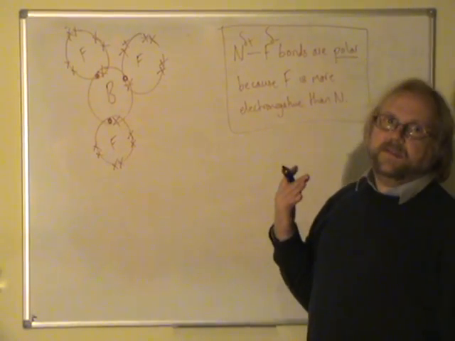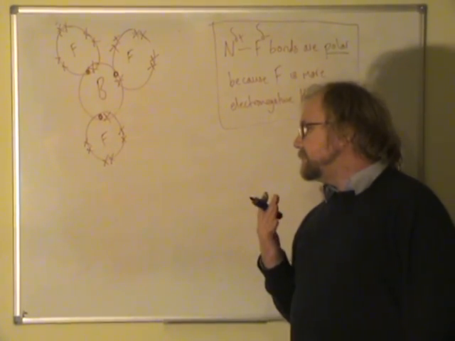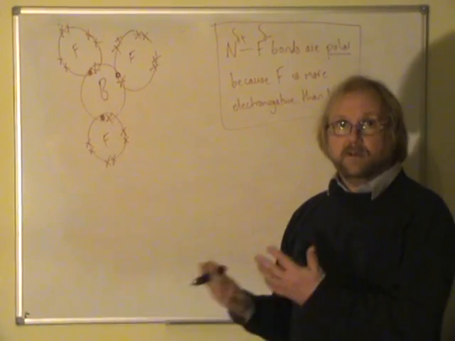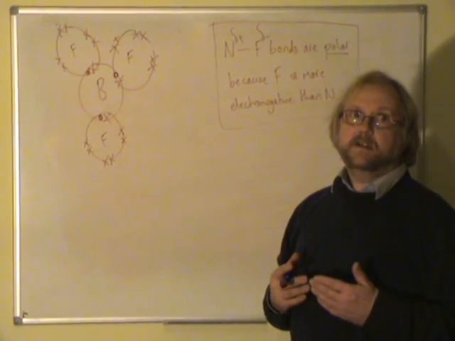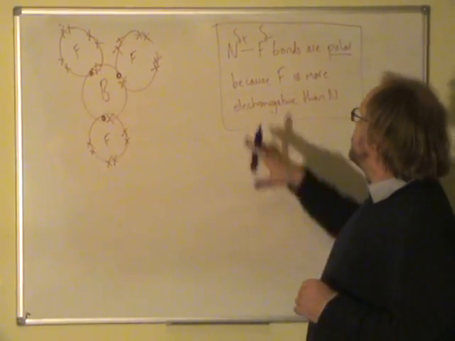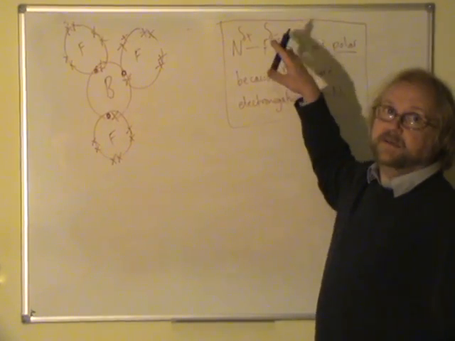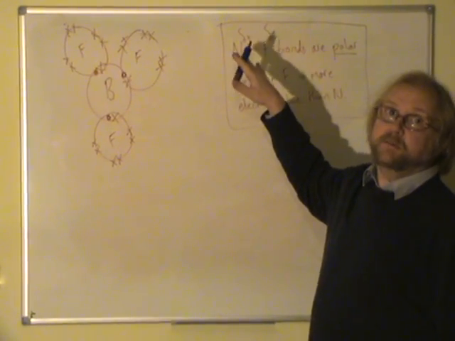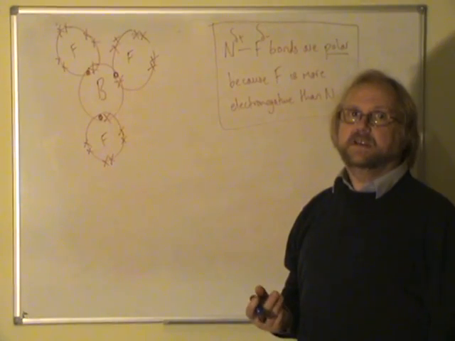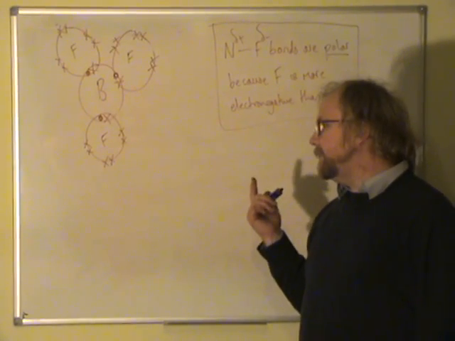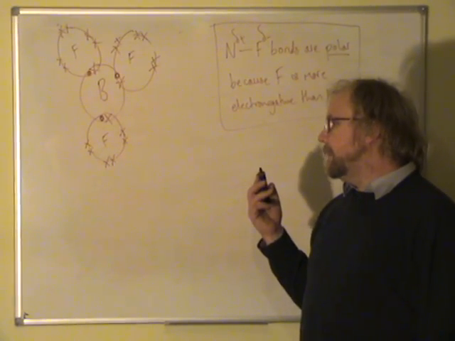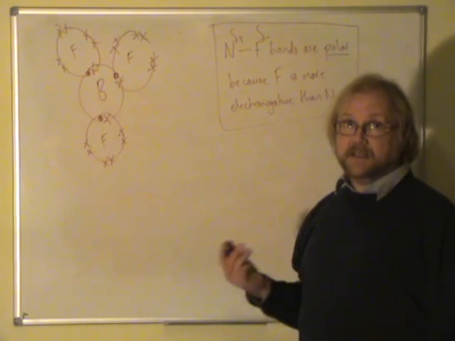Now, that's not enough to give you a molecule which as a whole is polar, because quite often the symmetry of the molecule causes the dipoles associated with those individual bonds to cancel out. So the fact that NF3 is polar overall tells you that that doesn't happen.